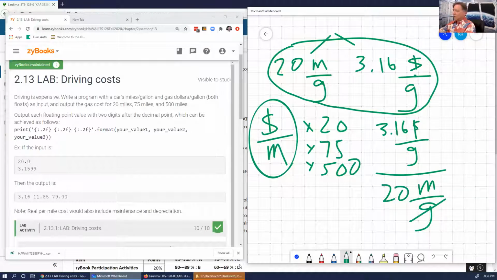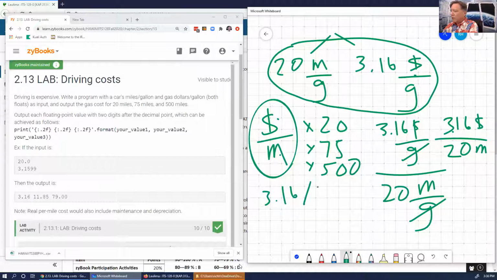This cancels because that's a denominator there and there's a denominator there. So those cancel, and we end up with $3.16 over 20 miles, which is what we want, dollars over miles. So 3.16 divided by 20 times whatever the miles is.